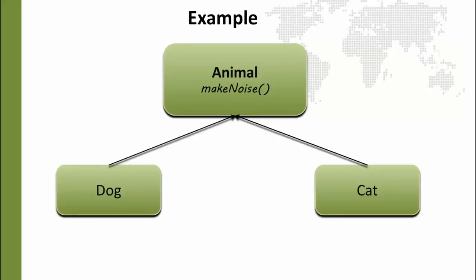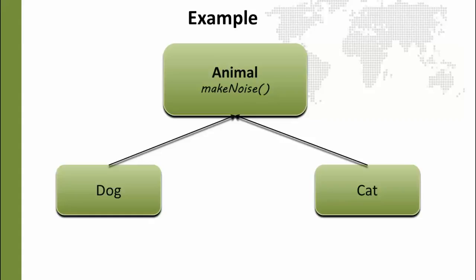In this case, I have our animal class here. And our animal class has a method called makeNoise. A lot of animals make noise, so we have a base method in our animal class called makeNoise. Now we are going to use inheritance here, and we have a dog and a cat, and they both inherit from animal.